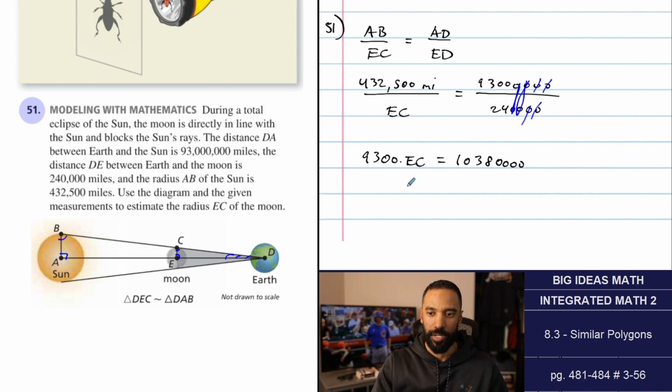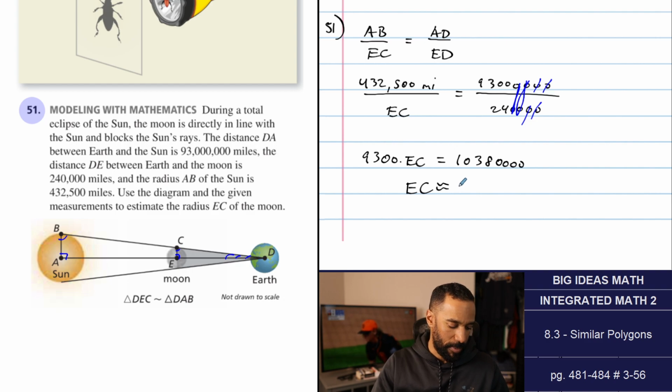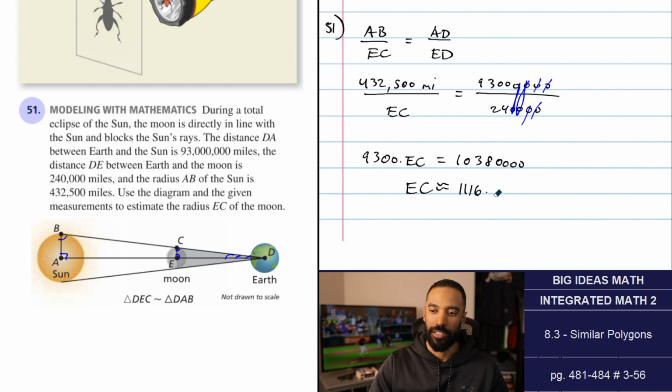It'll probably be close to it. They said approximately, estimate the radius of the moon. EC is about, that's not the similar statement, that's just approximately equal to 1116, because they're decimals. It kind of goes forever. Let's just write 1116 miles. It's weird to think.